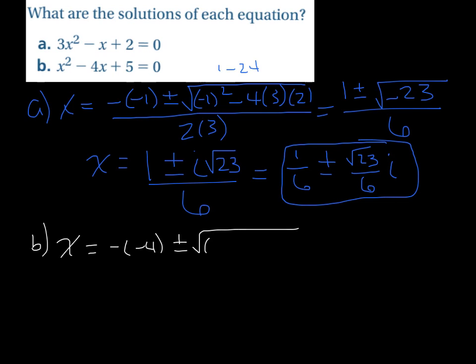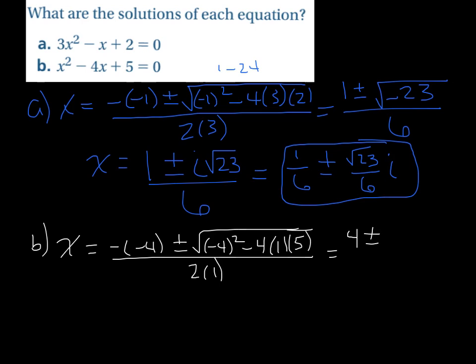If we look at problem B and we start to solve, we'd have the opposite of b plus or minus the square root of b squared minus 4 times a times c, all divided by 2 times a. As we simplify, the opposite of negative 4 is positive 4, plus or minus the square root, negative 4 squared would give me 16. 4 times 1 times 5 would be minus 20, which means I'm going to have negative 4, all divided by 2.